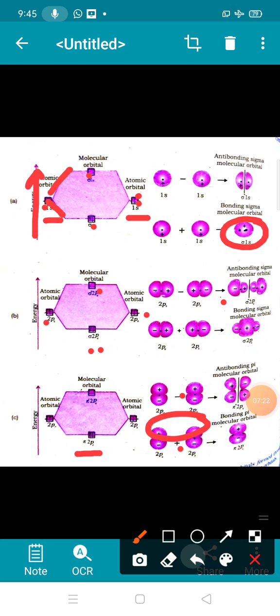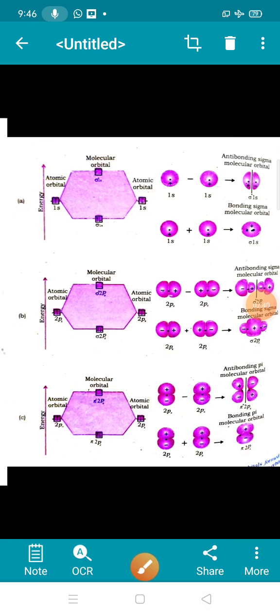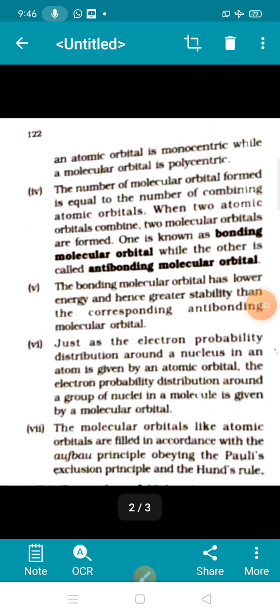If it is undergoing negative operation, there is a nodal plane again, and please check the symmetries, minus plus minus plus. It looks like a butterfly, isn't it? So that's how the bonding MOs are more stable than the antibonding MOs.